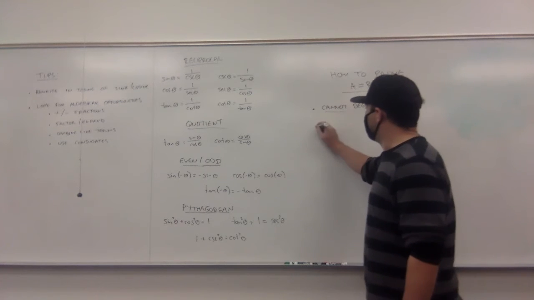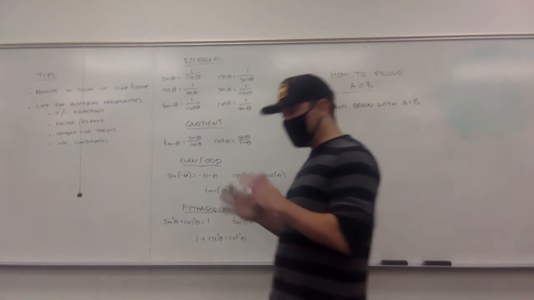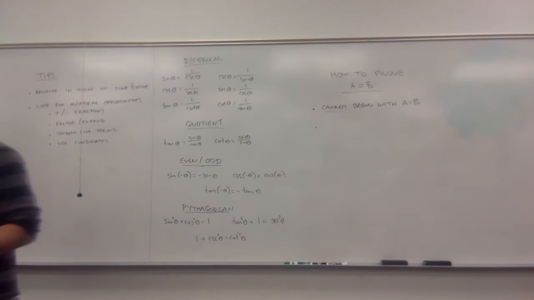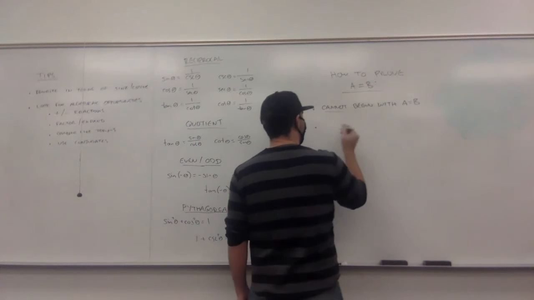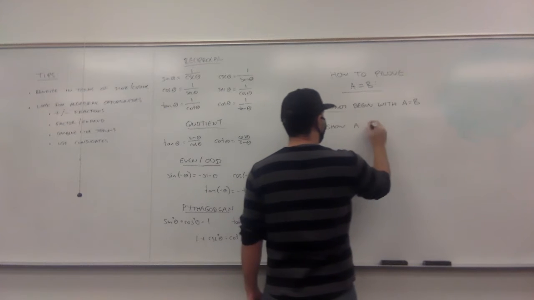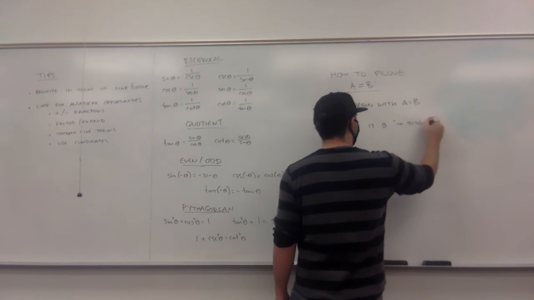All right, so we can't begin with A equals B. So what can we do? Well, 2 ways that we can show that A equals B. One would be to show that A is really B in disguise, right? Or that if we rearrange A somehow, suddenly we realize that it's actually B. So we can show that A is B, quote unquote, in disguise.